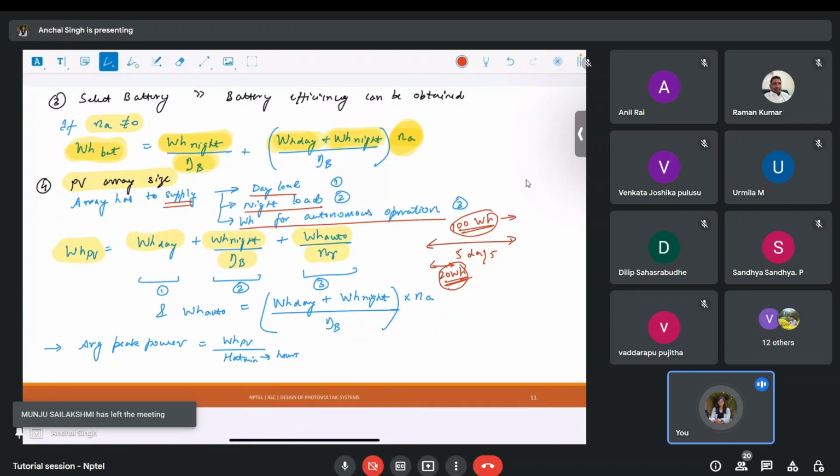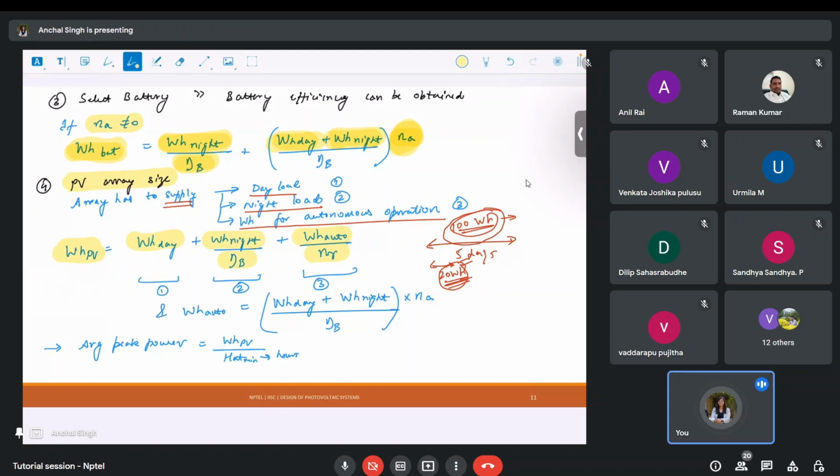I will design my battery for 20 because I am spreading it over 5 days. And why do we spread it? Because if I won't spread it, I will try to recharge my battery of 100 watt hour capacity on the same day. My battery sizing will increase, my PV sizing will increase. So that's not a feasible calculation. That is why for an optimized design, we spread it over the number of days.